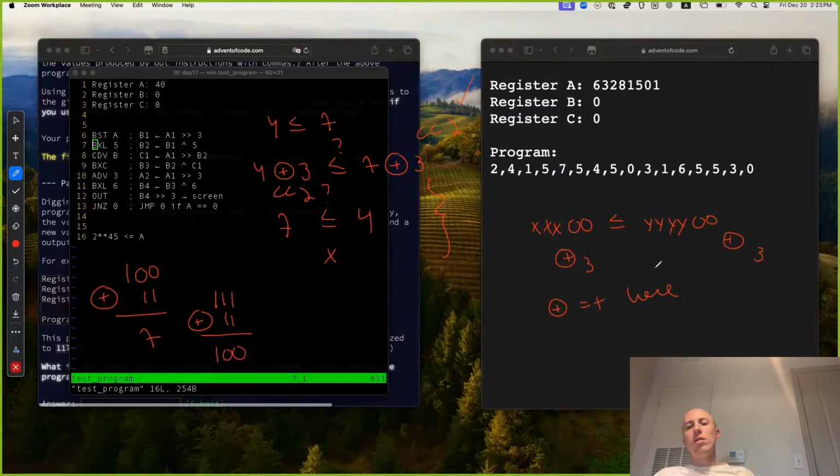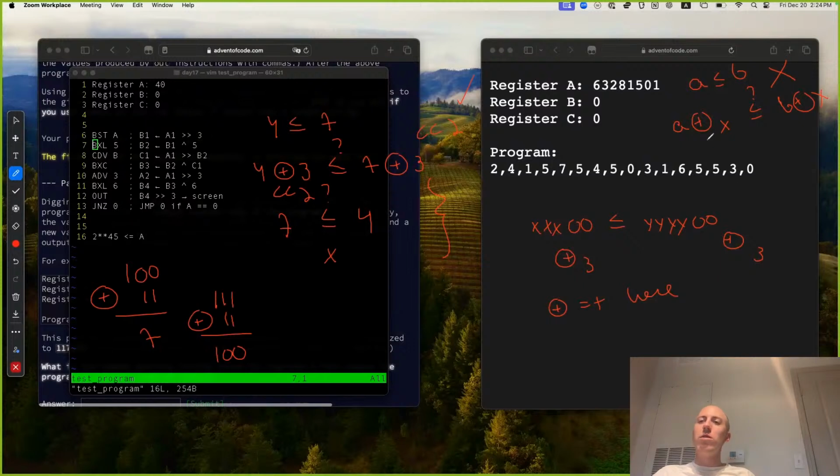So to maintain the inequality, we could take whatever you're XORing this with. If you have A less than or equal to B, is A XORed with X less than or equal to B XORed with X?